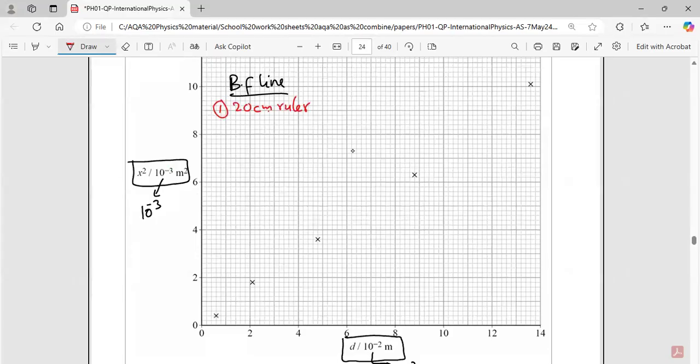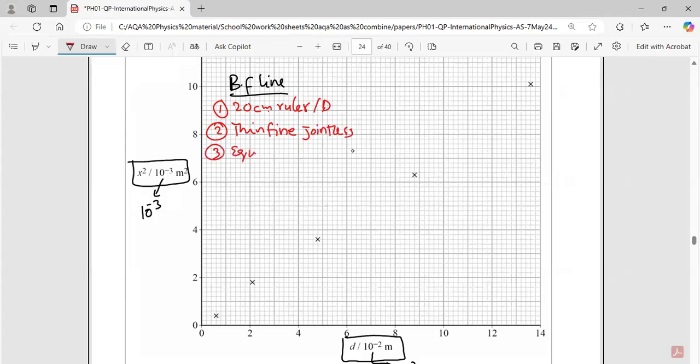You have to take this with your exam, and a D as well. Not necessarily required here, but in the exam, in any question on measuring the angle, you can be required to use the D. The second thing is the line should be thin and fine and jointless. That's why I'm recommending a 20 centimeter ruler.